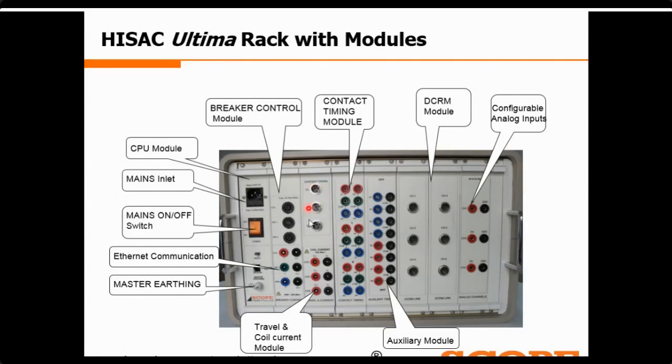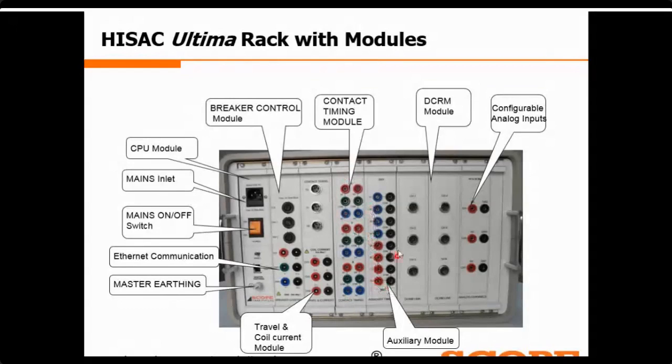Now, this is the travel and coil current module, so with the help of these modules, you can understand the value of the coil current. The timing module will give you the close and open timing of the circuit breaker, along with other command sections available in the Hijack Ultima software.